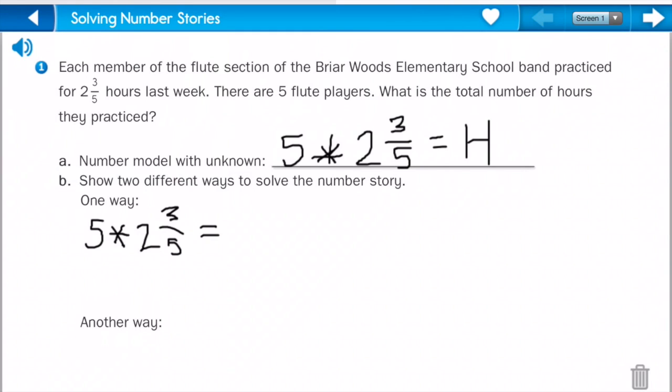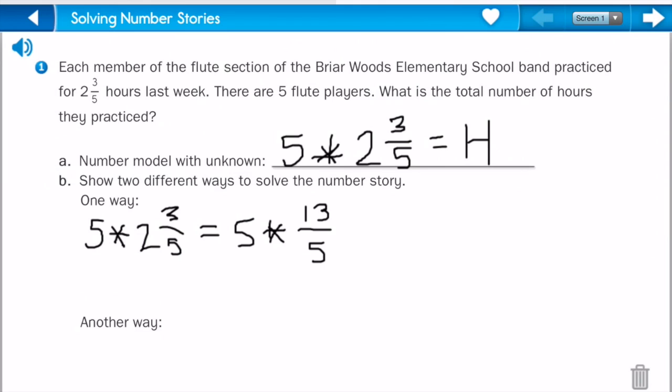We could change that to 5 times, what would 2 3/5 be as an improper fraction? Yeah, it would be 13 over 5.